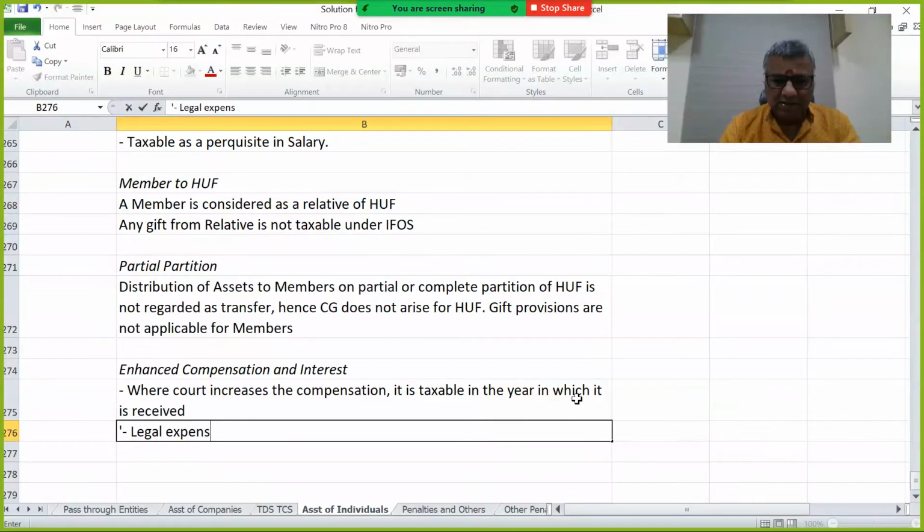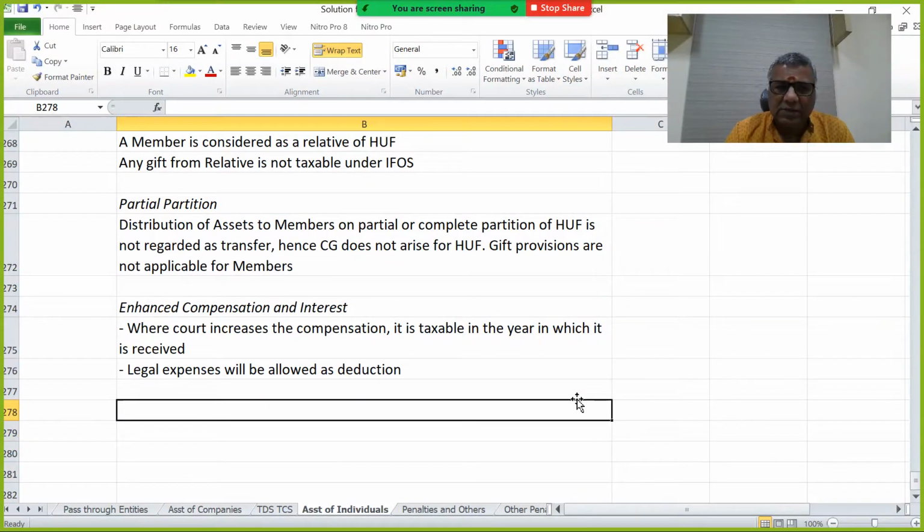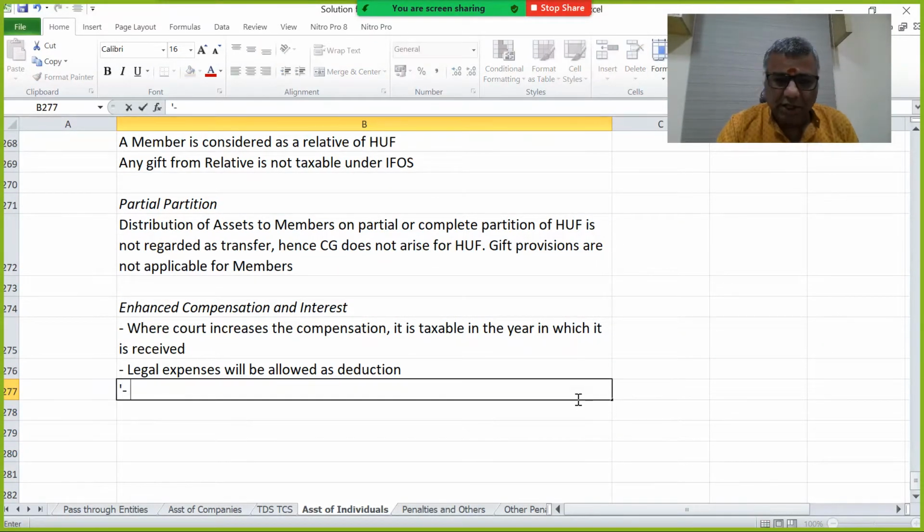Legal expenses will be allowed as deduction. No other deduction you can claim. Only legal expenses will be allowed as deduction. Okay, right? Are you clear?